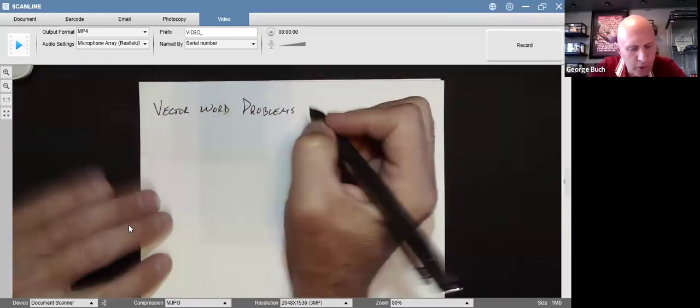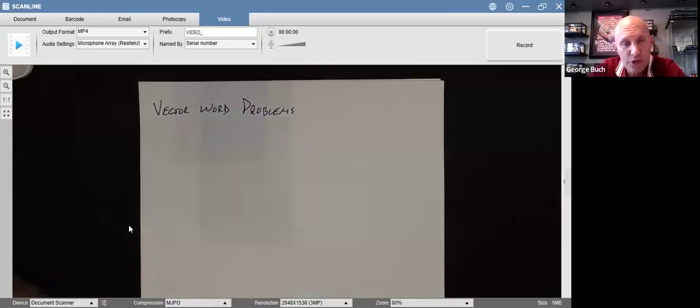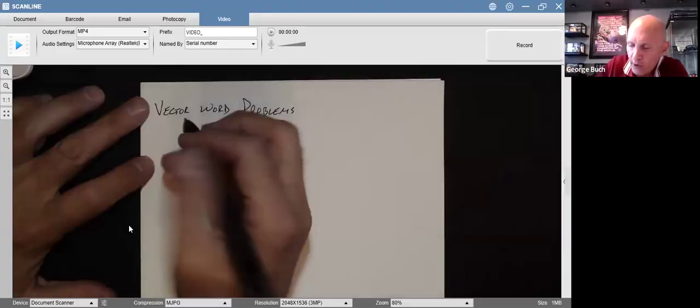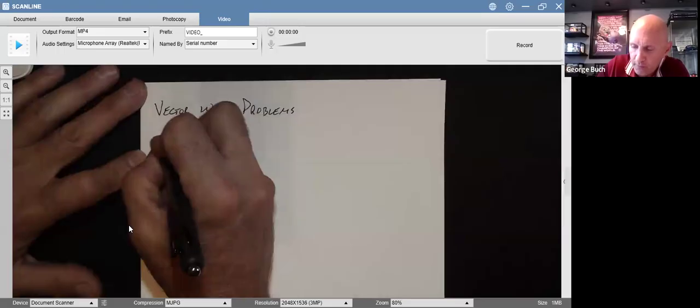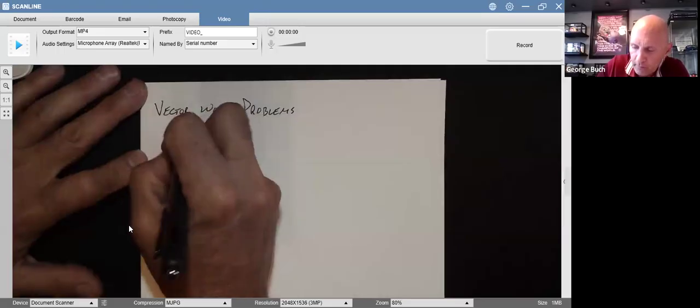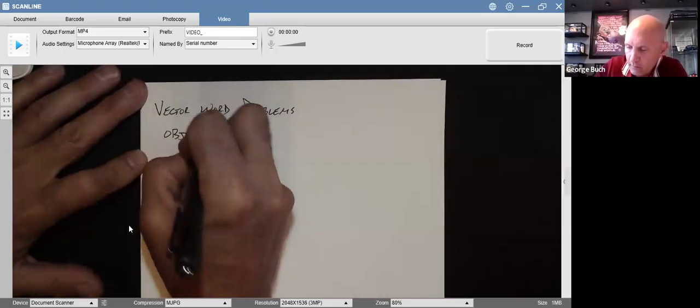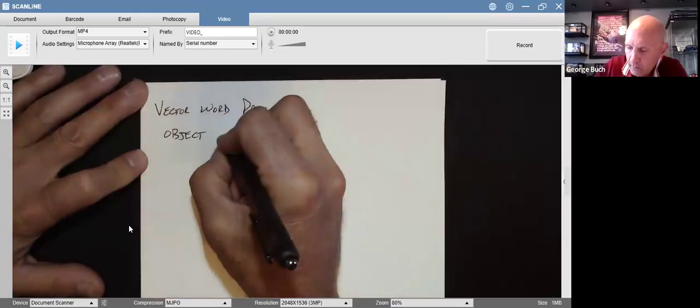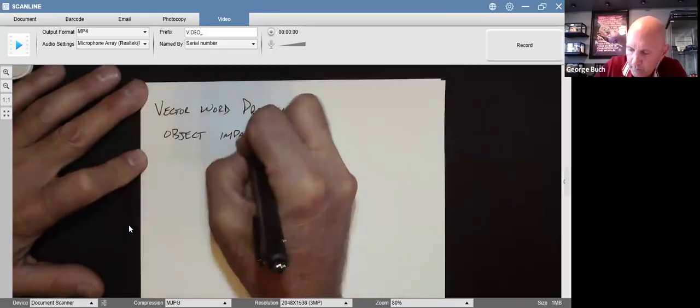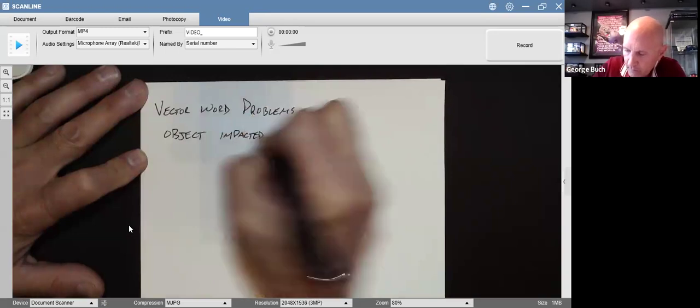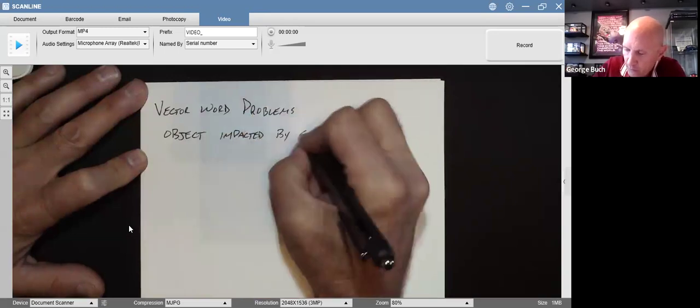I'm going to try to go through the verbiage of what is on these problems and then what does it mean. So for our purposes, we have some object impacted by some force.